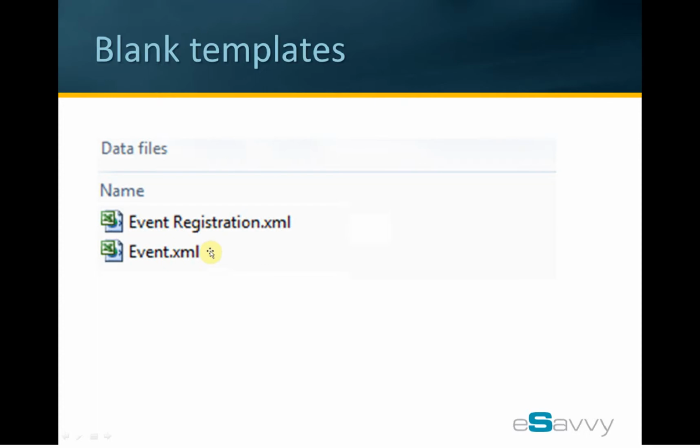So when you use these files and populate data in these files to import back into CRM, all the mappings would have already been done. I will now populate these files with the data that need to be imported into CRM for this tutorial.